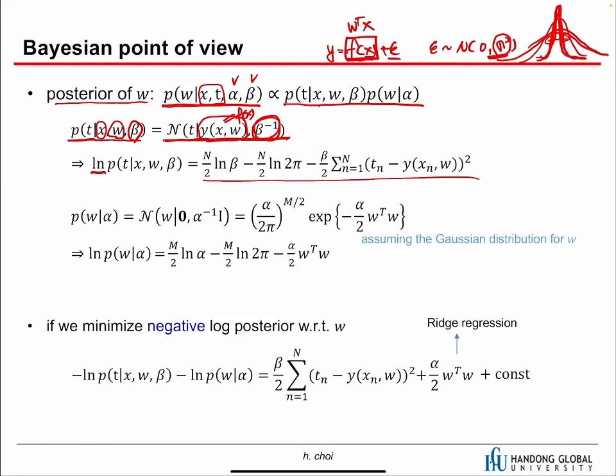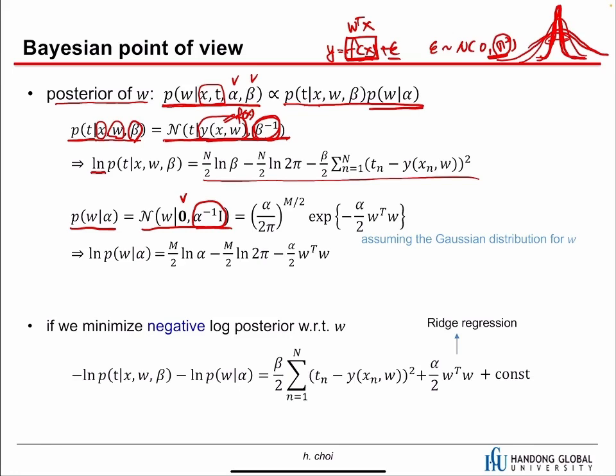Now the second term, p of w given alpha, is given by this Gaussian distribution. This one is our prior. So we can define our prior as we want. And we believe that the parameter w should be close to the origin, close to the zero vector. So the mean is 0, and this one is the variance of the parameters. This is our prior, which means the prior is not coming from the data samples. The prior is coming from our faith.